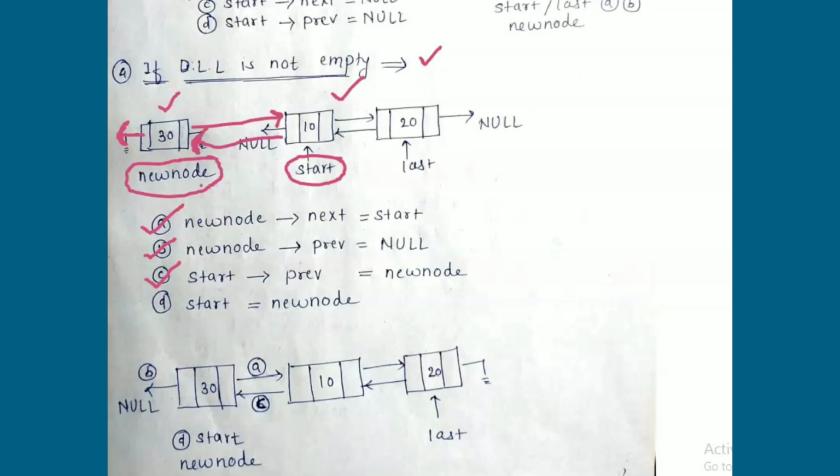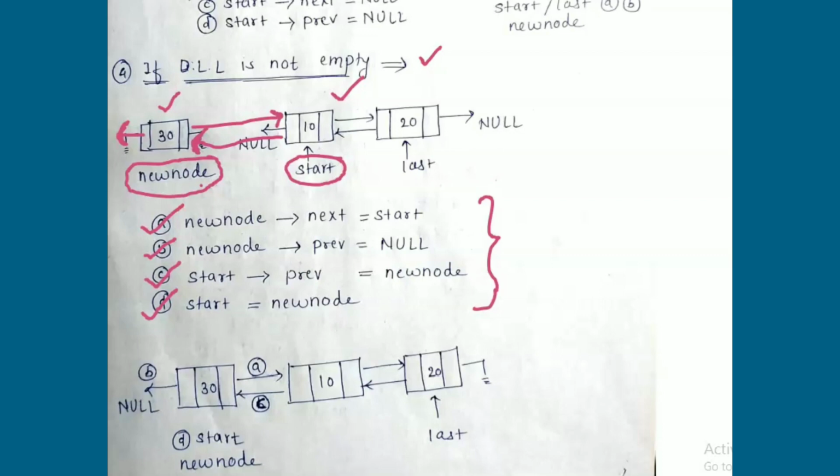So I need to update the start of my linked list. That was the last statement, start equal to new node. This fourth statement we need to consider when we want to add the new node at the beginning in case of your doubly linked list. Hope you understand how the new node is added into a doubly linked list at the beginning.